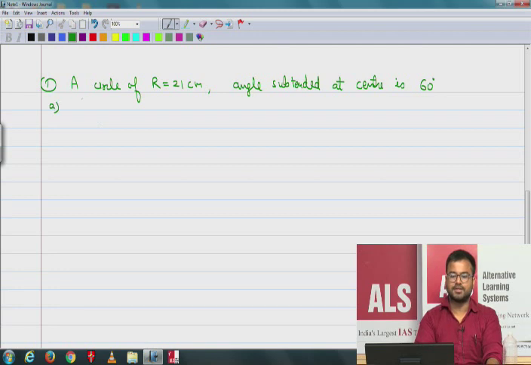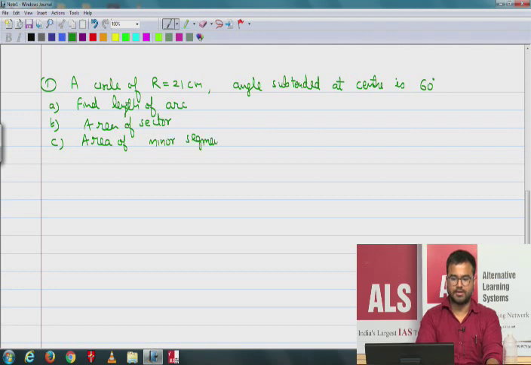You have to find three things: the length of arc, second, the area of sector, and third, the area of minor segment. Find these three things, all of you.